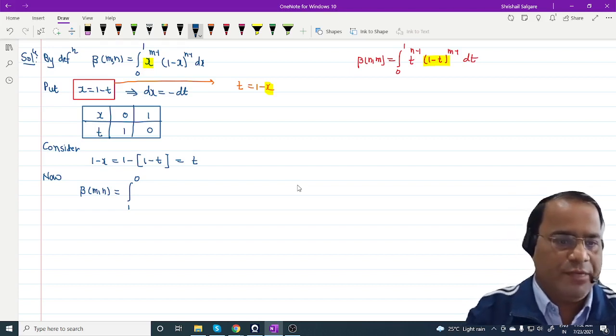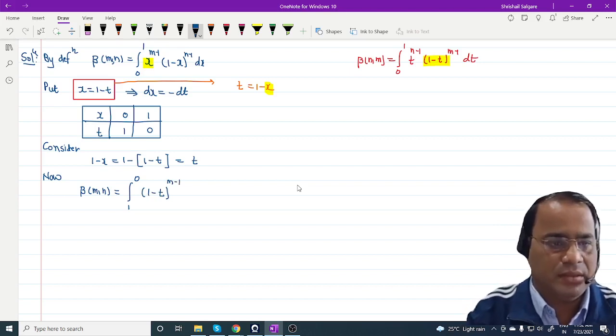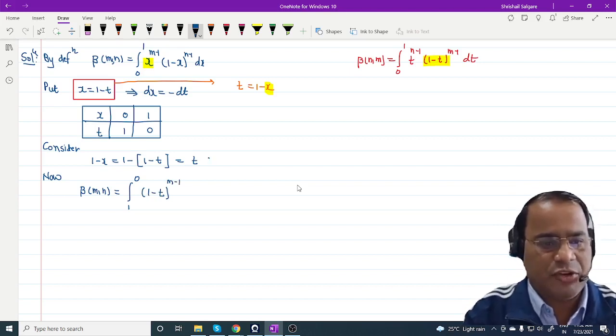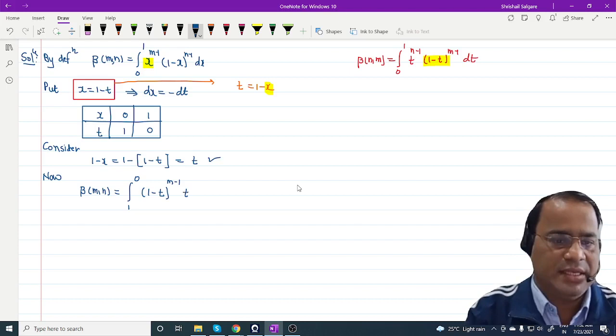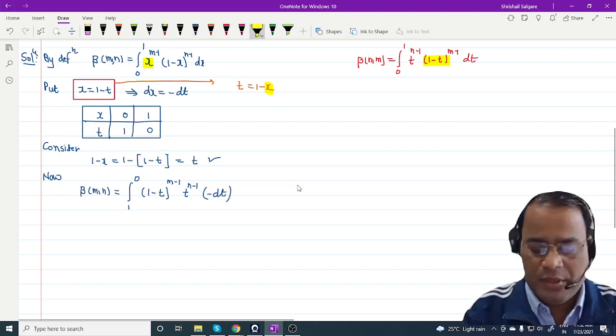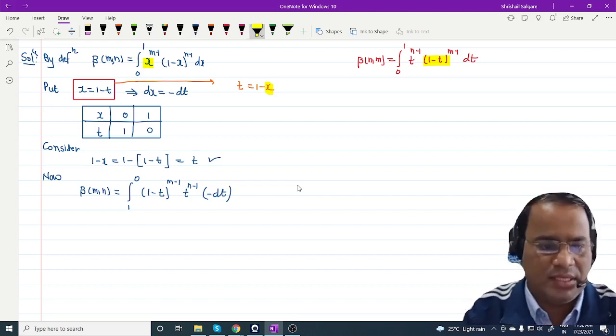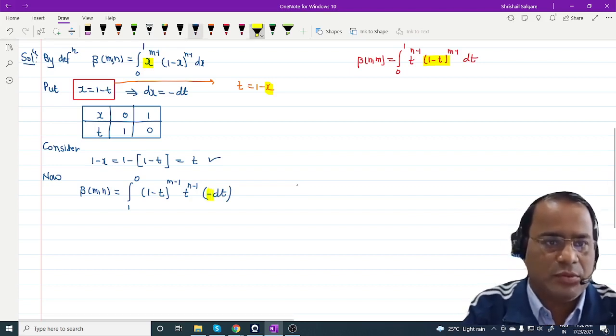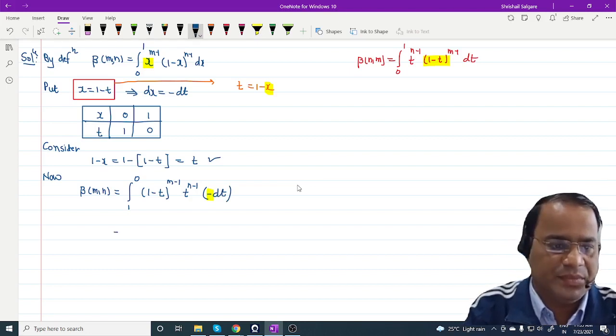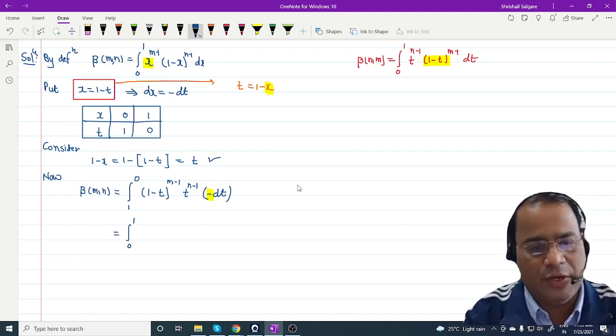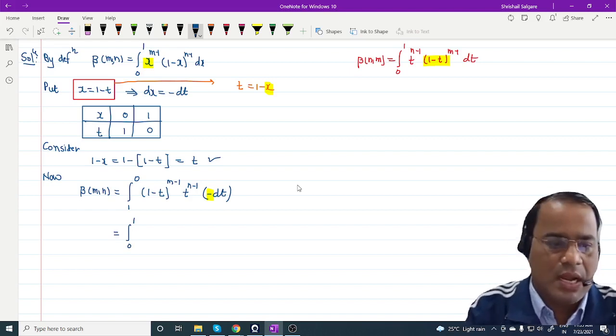The value of x I will substitute as 1 minus t, so x raised to power m minus 1 and 1 minus x becomes t raised to n minus 1, and dx is nothing but minus dt. Now this negative sign I will absorb to change the limits of the integral. This is given by the integral from 0 to 1, and I will alter the terms.